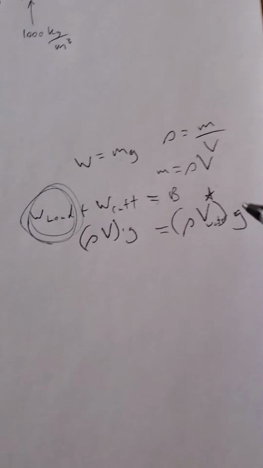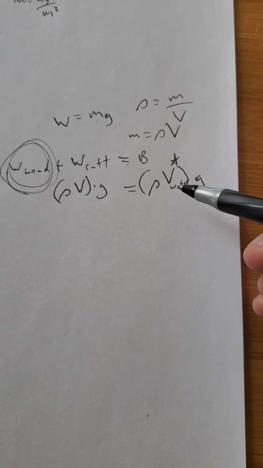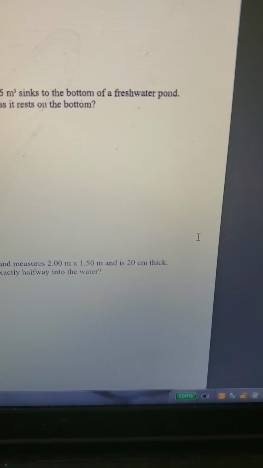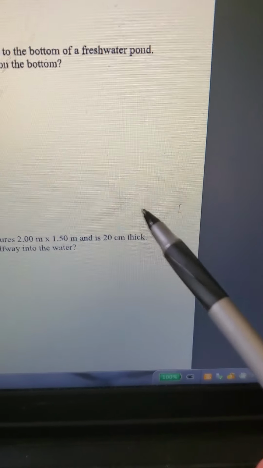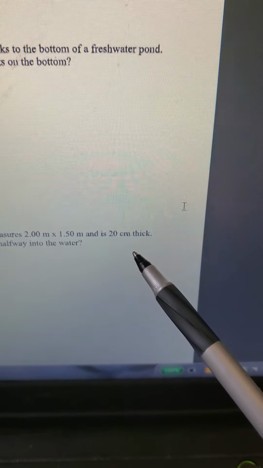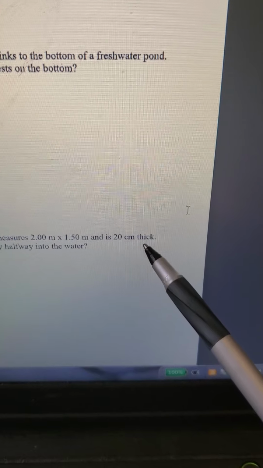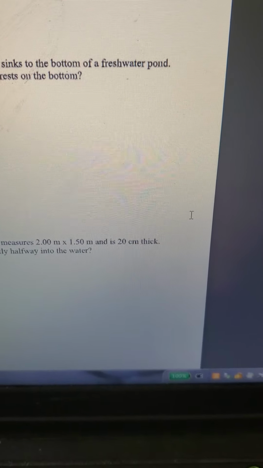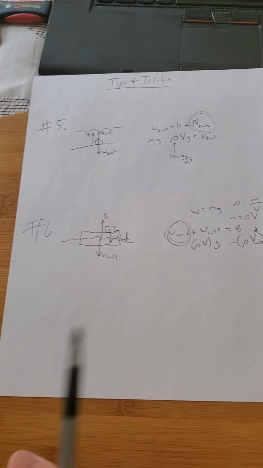When you calculate this volume for the water displaced, don't forget to consider that perhaps you're not going to be using the entire thickness that you had to convert into meters. In fact, if you want it to be halfway, you probably have to use half the thickness. Anyway, those are my tips and tricks for 5 and 6.